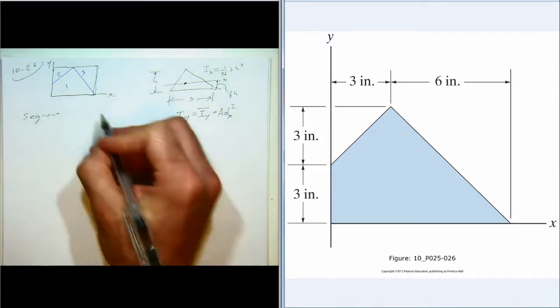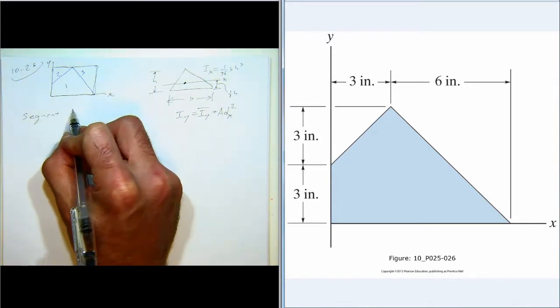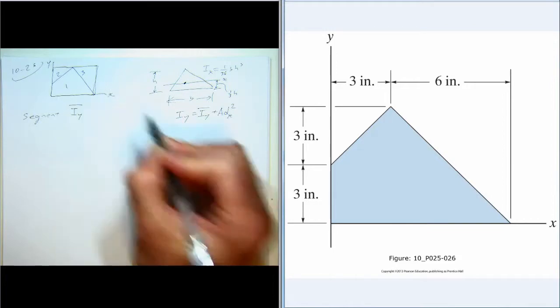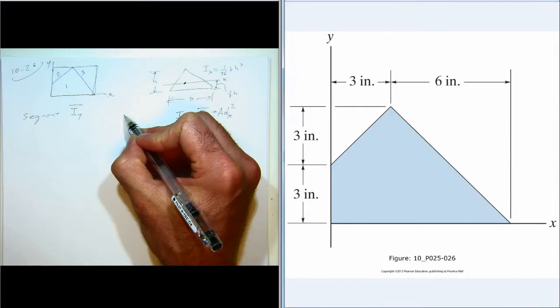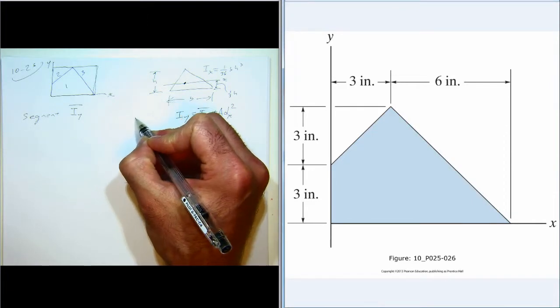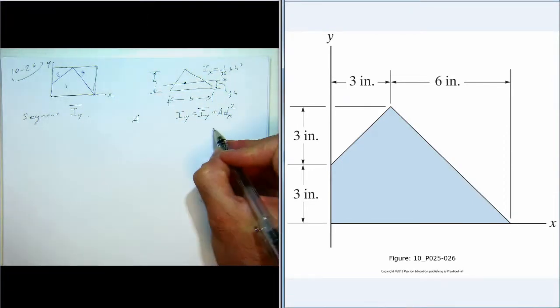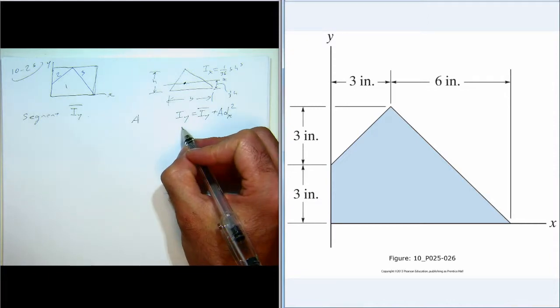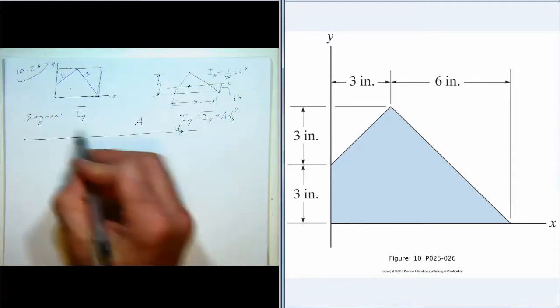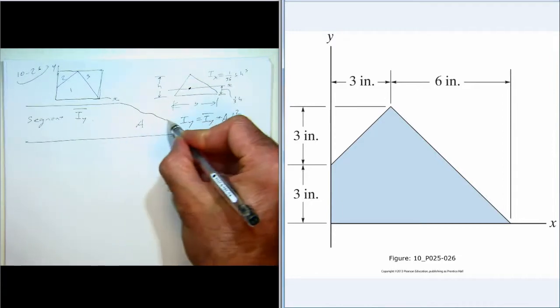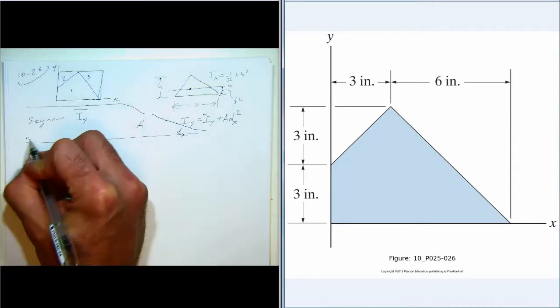So in our table we're going to need Iy bar, area and d sub x. Probably the worst table ever. Let me just rewrite it.